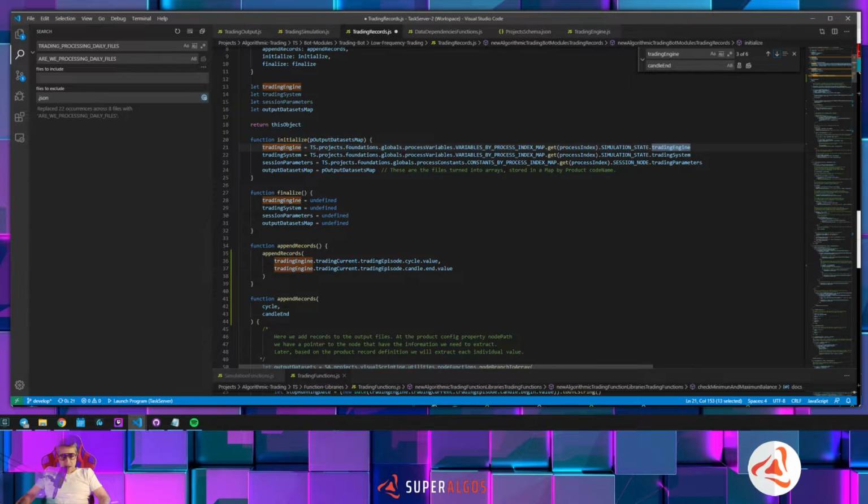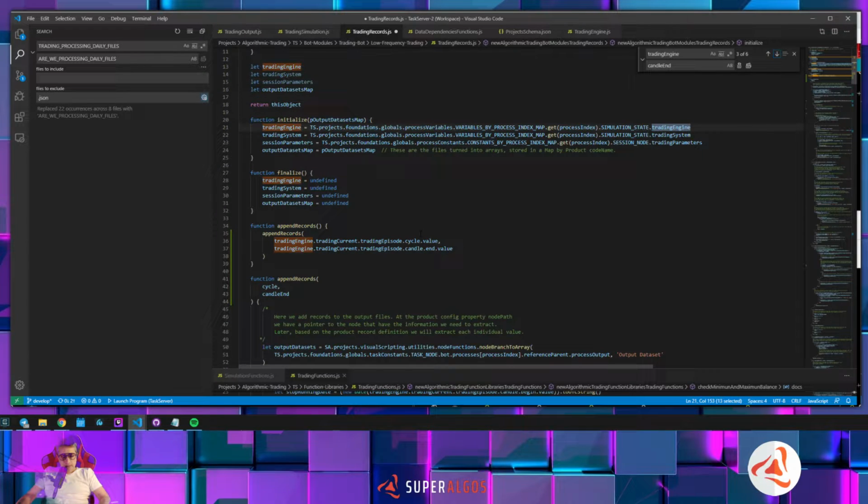So it looks like this is it. What about the trading system? So this is unnecessary here. This is unnecessary here. And it's unnecessary here.